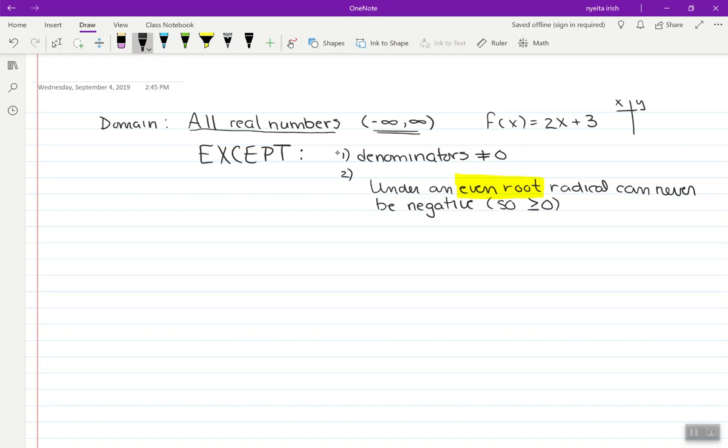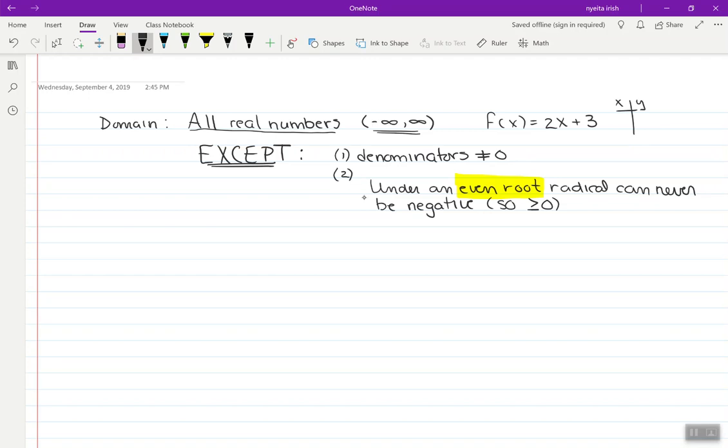There are two exceptions that we talked about in class, and if you have these exceptions, you have to note them in the domain. One, if you have a fraction, the denominator cannot be 0, which means you set the denominator not equal to 0 and solve for x. That's your restriction.